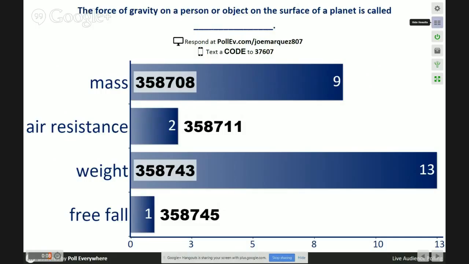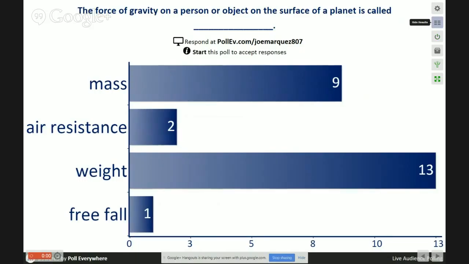But your weight changes depending on where you are. You are 1/3 less weight on the moon because there's 1/3 less gravity. You have 0 gravity in outer space because there is 0. You have 0 weight because there's 0 gravity. So weight is what changes based on the surface of a planet. Please remember that. Hint, hint.